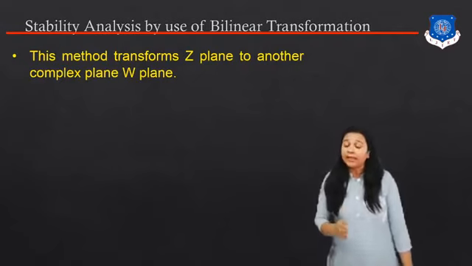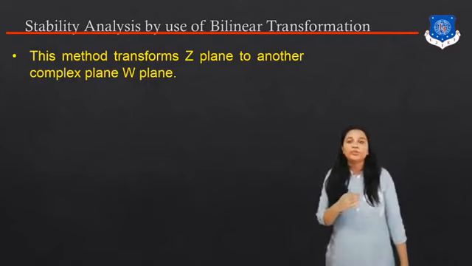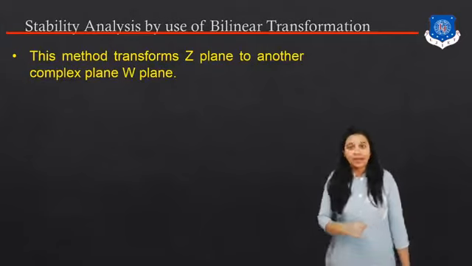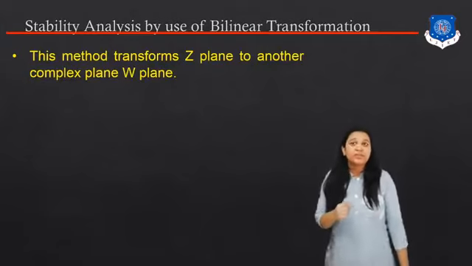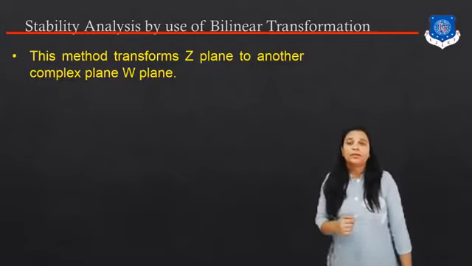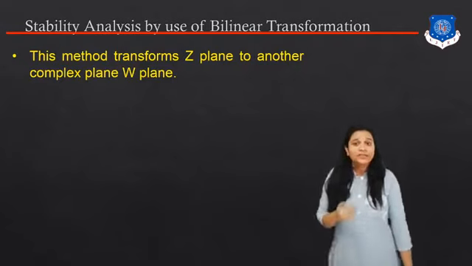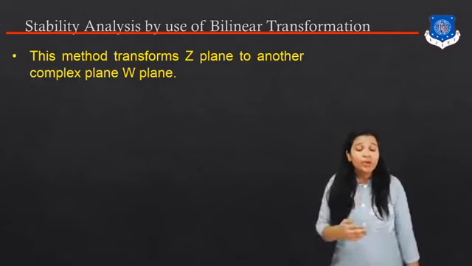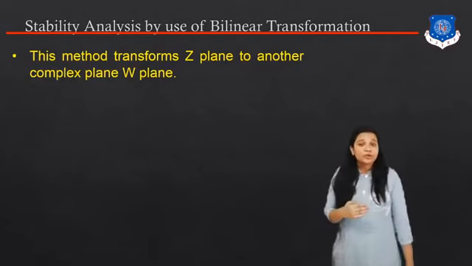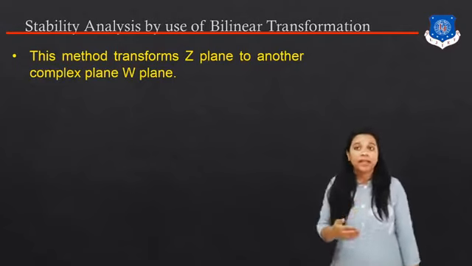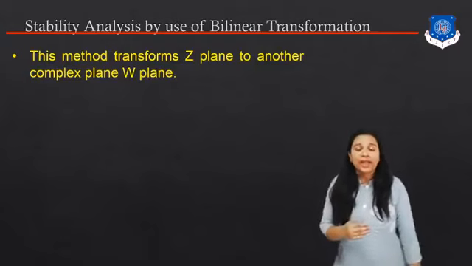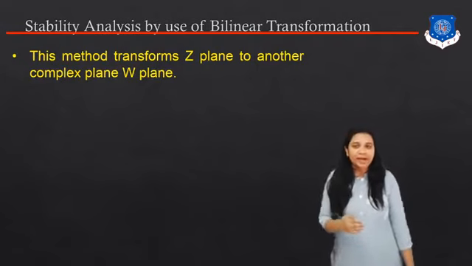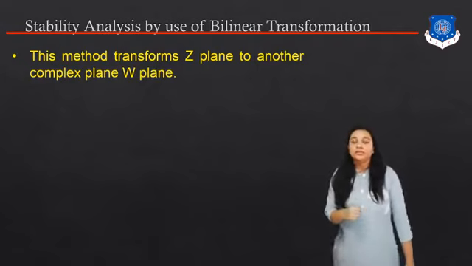If any roots, poles or zeros are located in the right half plane, that system becomes an unstable system. Now, what is the condition for a marginally stable system? If the poles and zeros are located on the j omega axis, that system is known as a marginally or critically stable system.